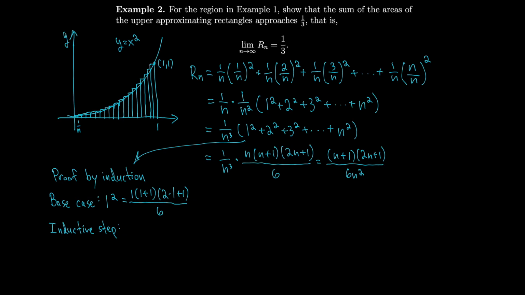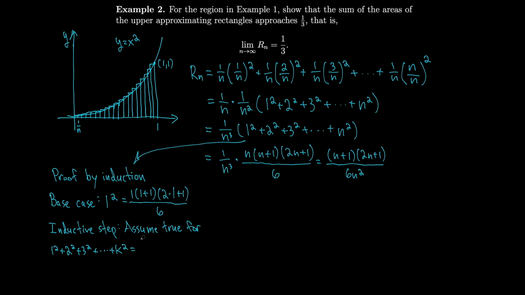What we have to do now is assume that it's true for some number k. So we'll assume our formula works for 1 squared plus 2 squared plus 3 squared all the way up to some number k squared.